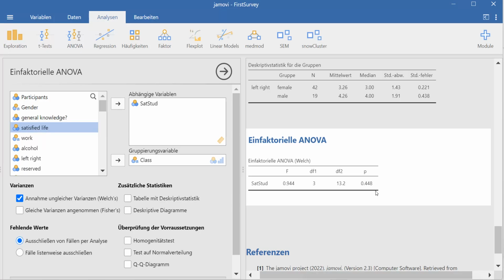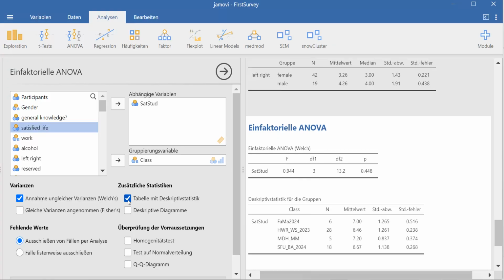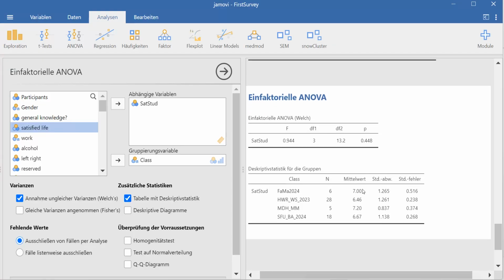But still we want to measure, we want to have a look at the table with the descriptive statistics. Yeah, and here you see we have measured some differences between the classes, not so big, but the number of students in these classes is also very small. So there's one rule. Obviously, the sample size has a big influence on the p-value.